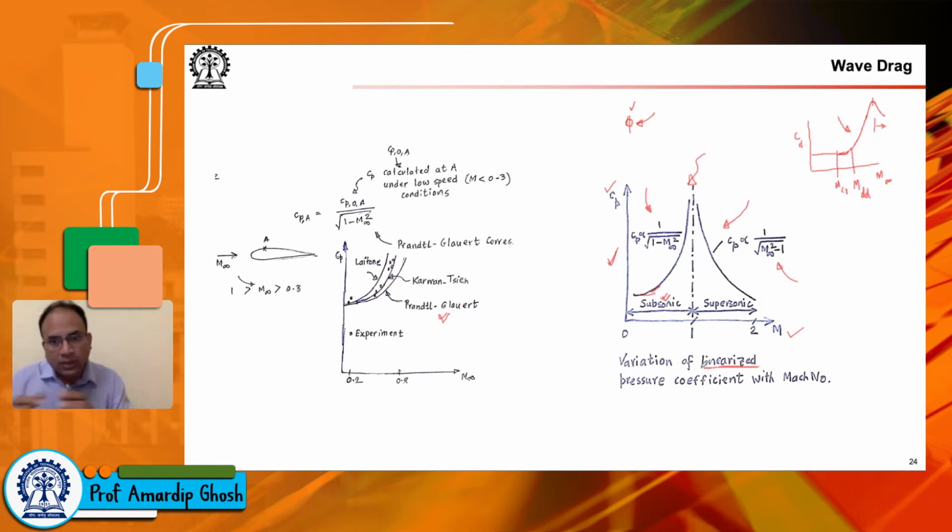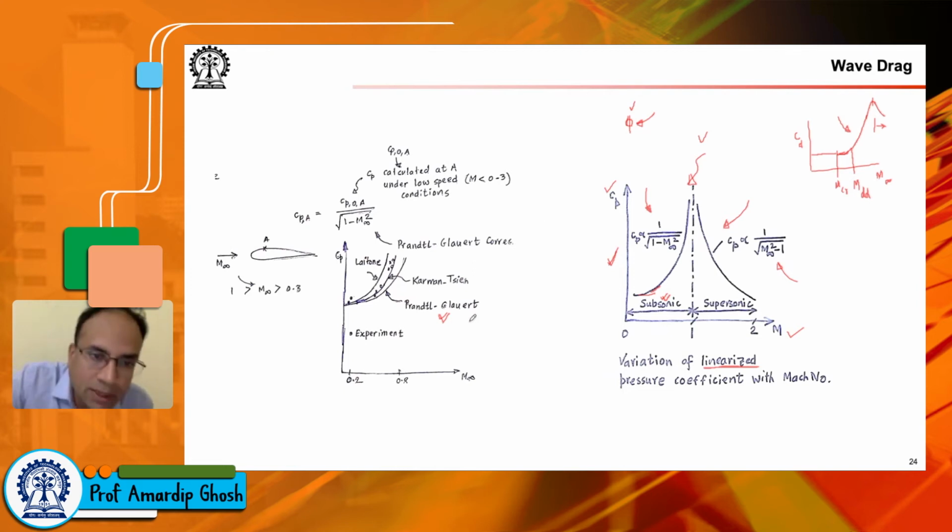Essentially, slender flow over slender bodies at small angles of attack can be considered a good candidate for this linearization, and thereby we get the Cp distributions as you see in this image. Okay, so Cp increases as you approach Mach 1 from both sides, from subsonic to Mach 1 or supersonic to Mach 1. You see Cp increases significantly, and the flavor of this Cp change is reflected in the CD distribution that we saw in the previous slide.